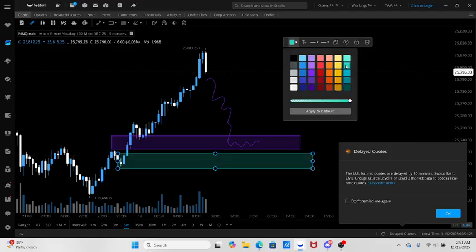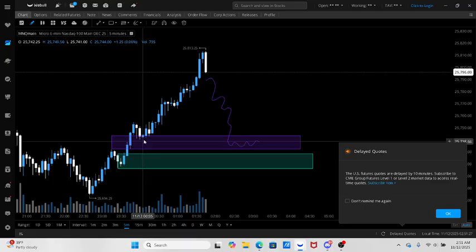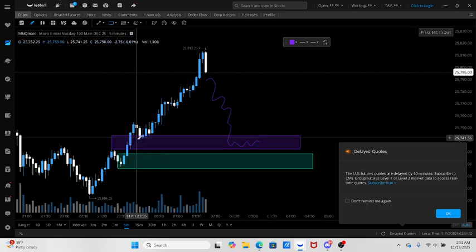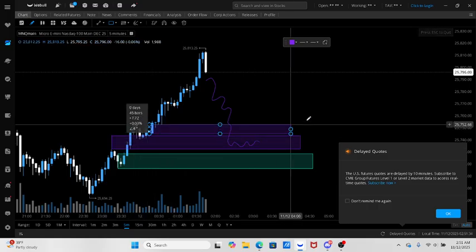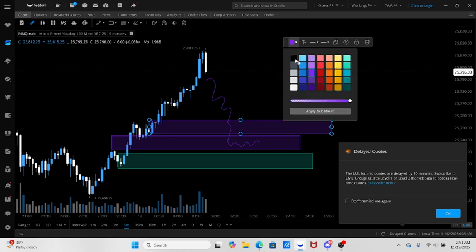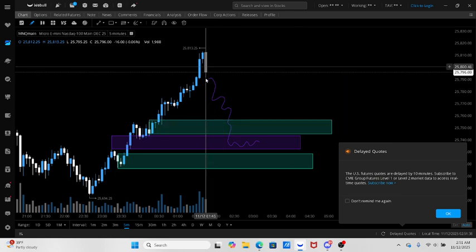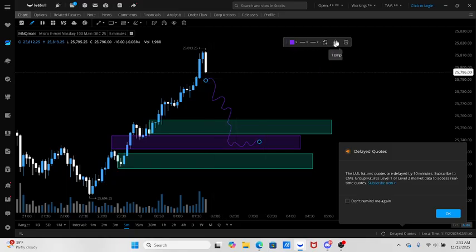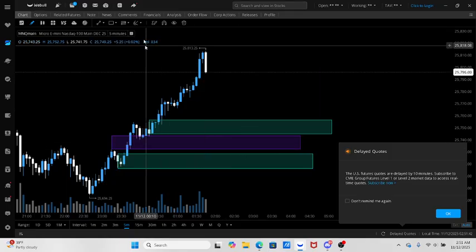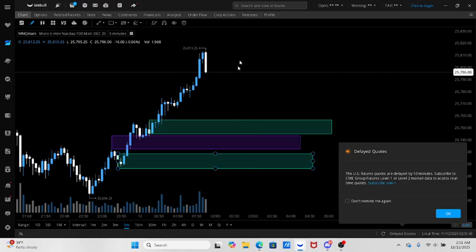Make that green. And then mark out this order block right here. So if we did come back down here, this is what I would like to see for me to want to get back in.